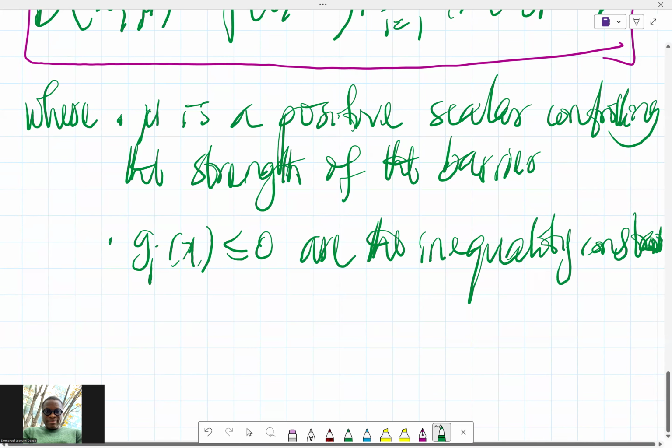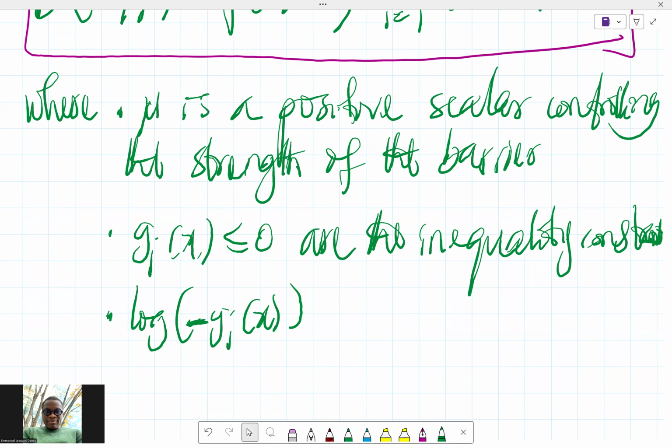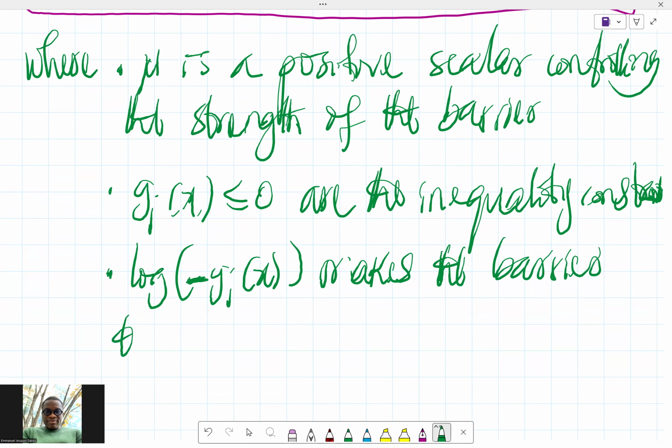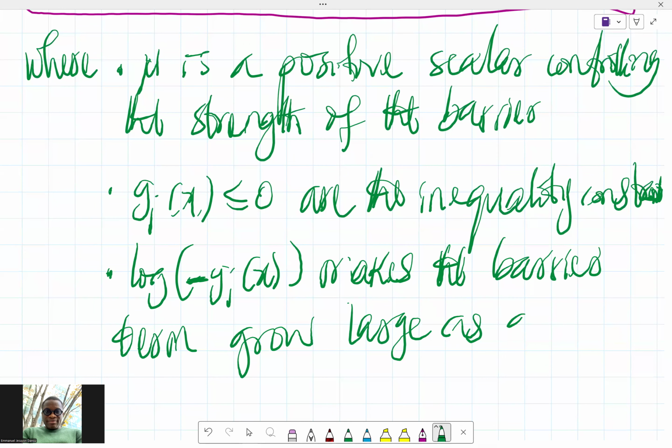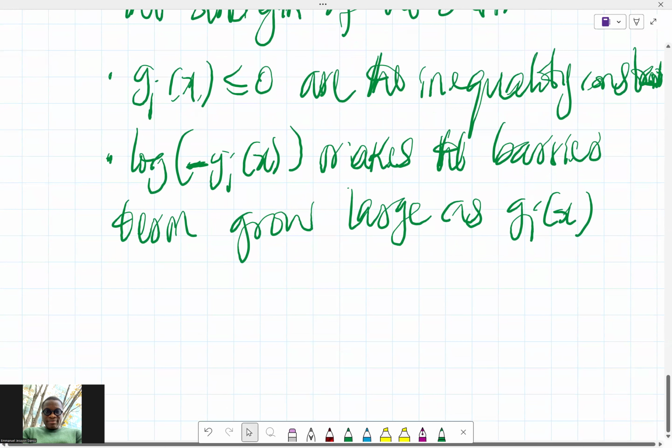Okay. Then we now have log of minus gi of x. That's the actual barrier now. Minus log of minus gi of x makes the barrier term grow large as gi of x approaches 0. You know, log of 0 is undefined.